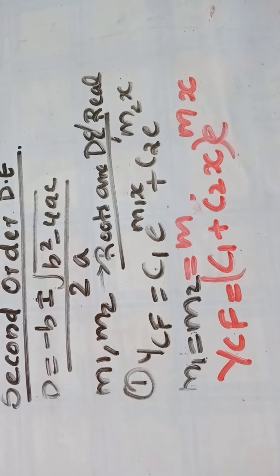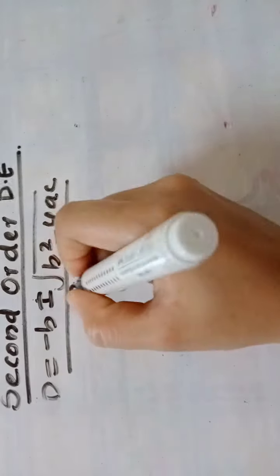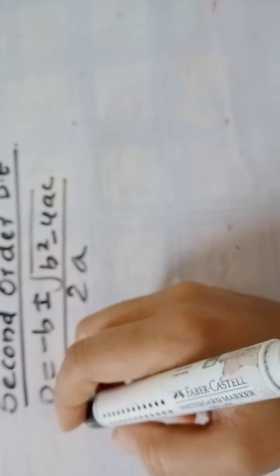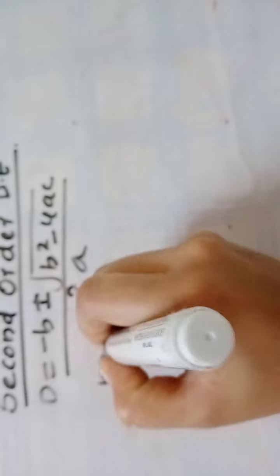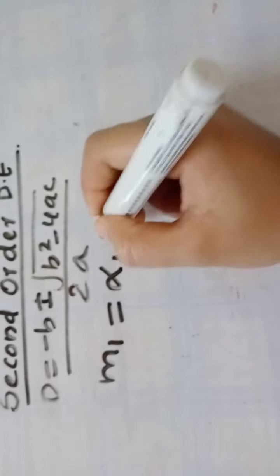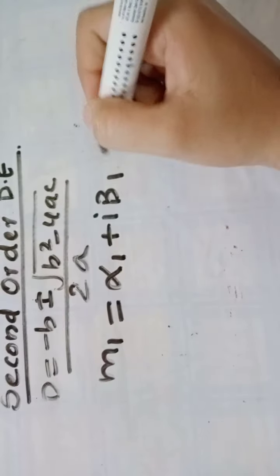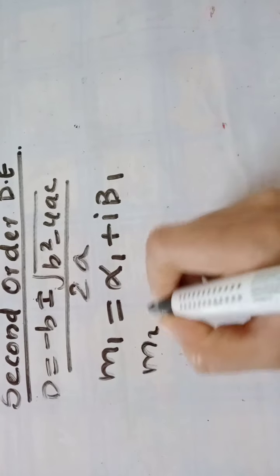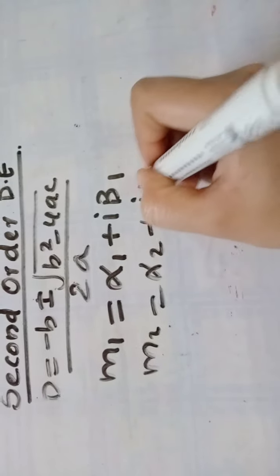And the third condition is that the roots are imaginary. For that we have two roots, m1 = α1 + iβ1 and m2 = α2 + iβ2.